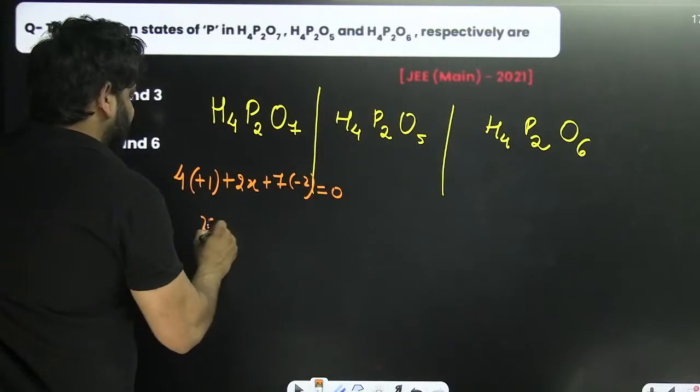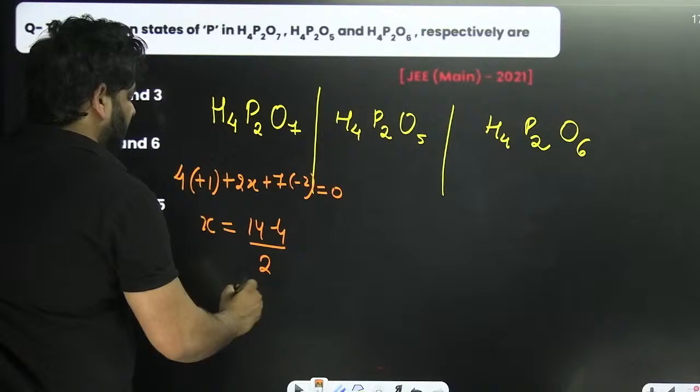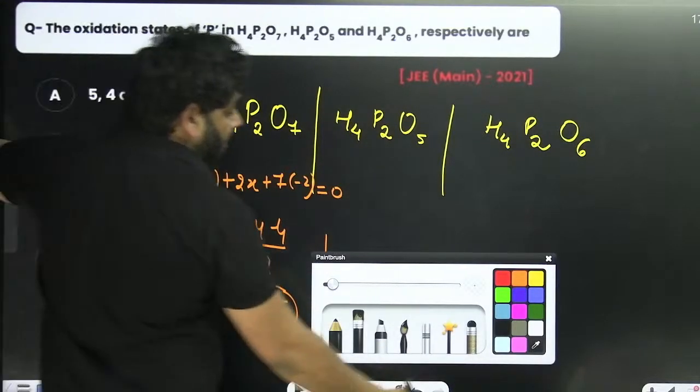So x comes up as 14 minus 4 by 2, that is positive 5. Oxidation state is positive 5.